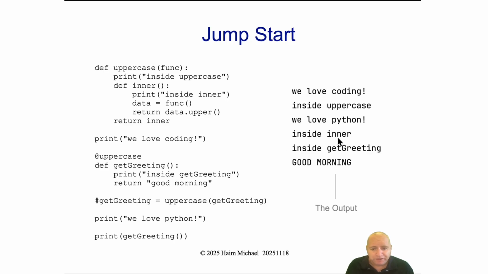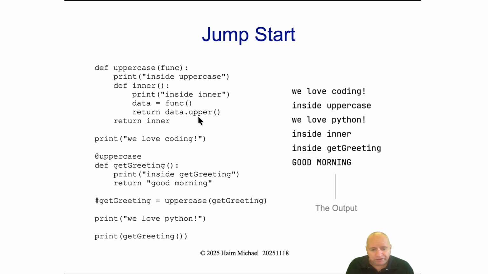Inside inner is printed to the screen, and then the returned value when inner is invoked is actually a manipulation on the return value when calling the original getGreeting function that was defined. Now getGreeting returns a text, "good morning," and the manipulation of that text is actually turning all letters into uppercase.